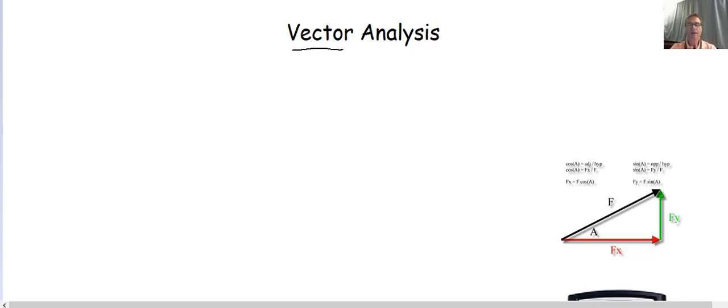Well, we have two different types of numbers that we deal with. One is something called a scalar. A scalar is something that just has a numerical component to it. Like if I said I have 12 cookies, then 12 would be the scalar part of that.